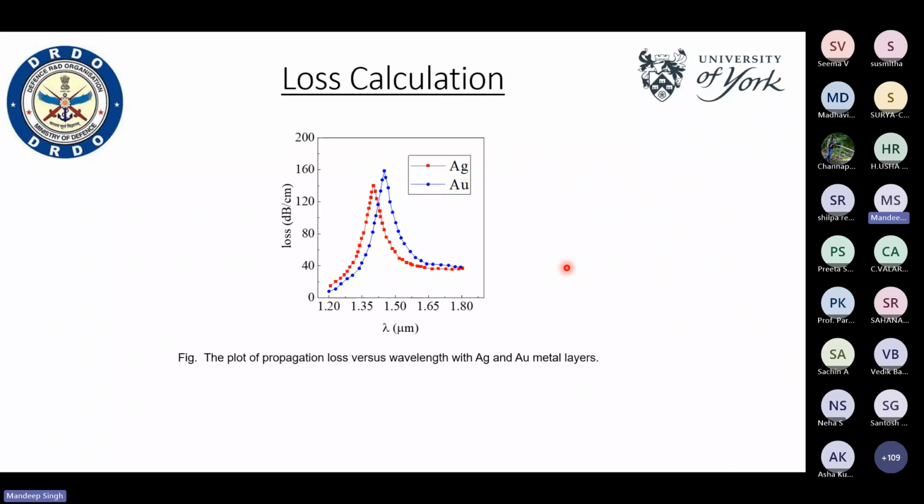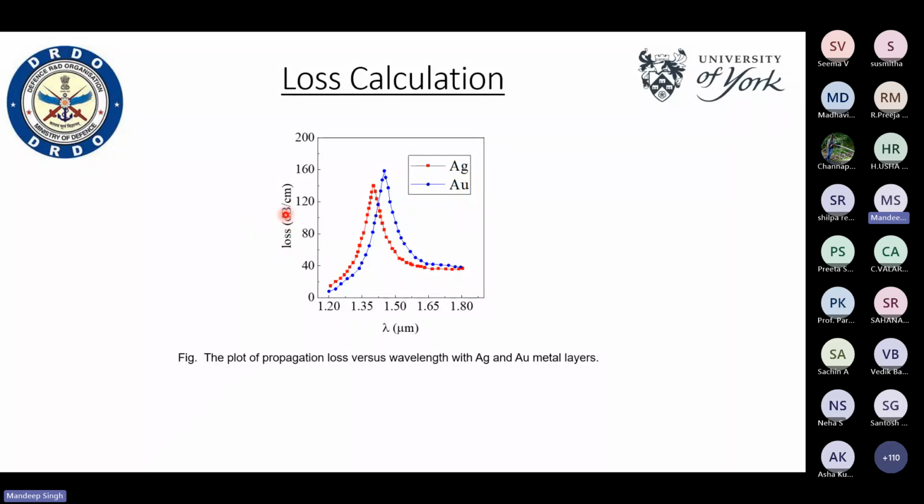The next important parameter is the loss calculation, because from the shift in the loss peak we can analyze the sensor. In this paper, we have given the loss relation, that is basically alpha, expressed in dB per centimeter.